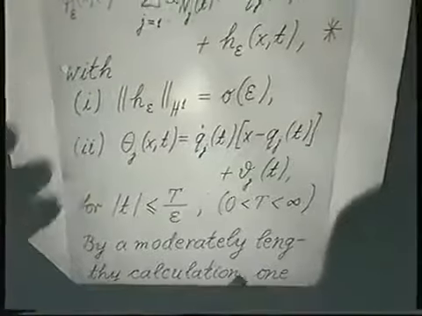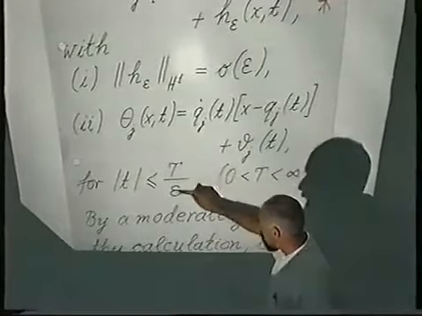The phases that I assigned to the solitons have the form indicated here. And in fact, I'm only looking at finite times, namely times should be bounded by a constant divided by epsilon.